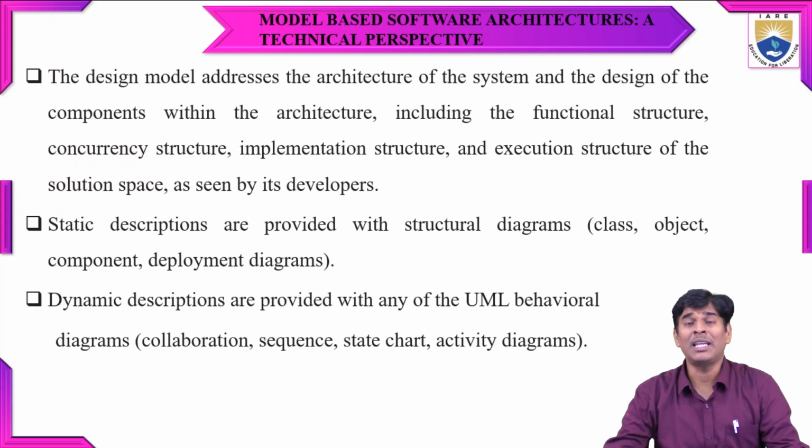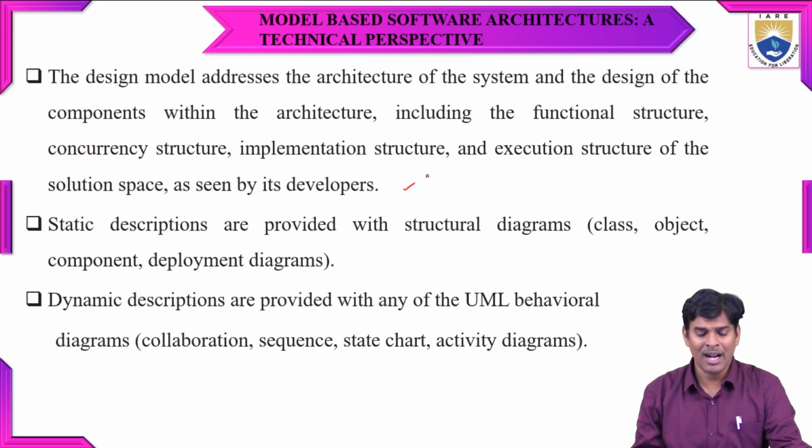Okay, the design model. In the design model, mainly it will be addressing what the main issues in the components are, and they also need to check the functional structures and concurrency, how they are going to implement the structures, and the execution of the solution space here. Static descriptions are mainly used for the structural diagrams.